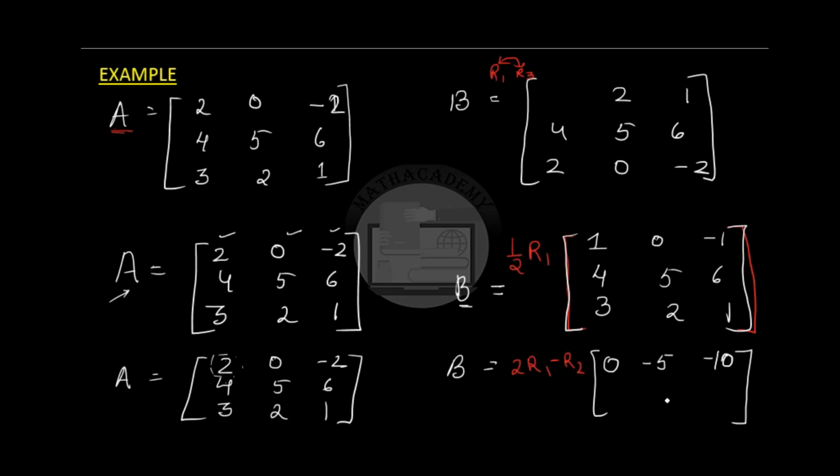This is the operation which I am doing here: 2 times row 1 minus row 2. And this is our resultant matrix B. So in all these cases, B is the row equivalent matrix of A. So I hope the permitted row operations are clear to everyone, and what we mean by row equivalent matrix.